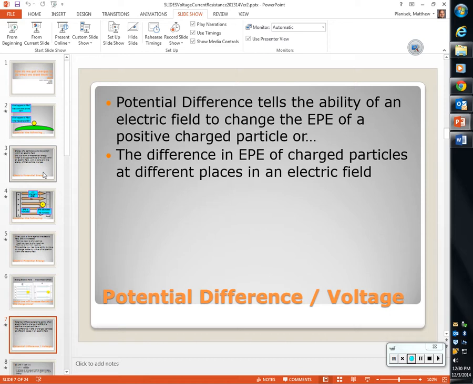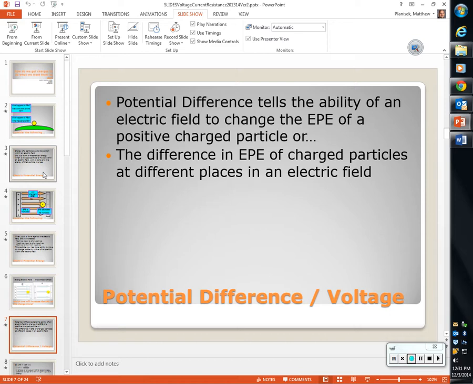So, when we talk about the voltage of something, we are referencing its ability to change energy. And that's also why we refer to voltage as potential difference. So, the potential difference tells the ability of an electric field to change the electric potential energy of a positively charged particle, or the difference in energy when we move it from one place to another.